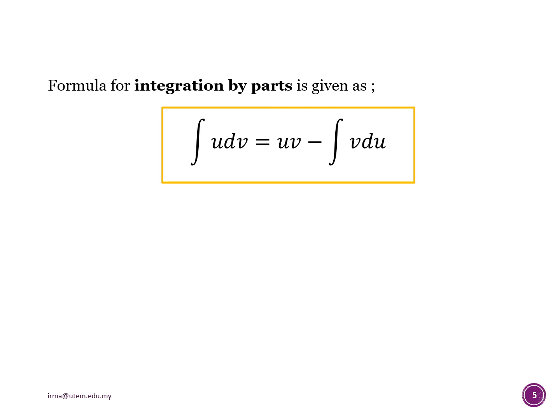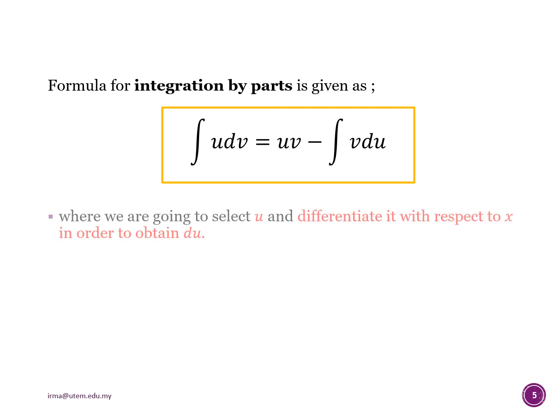We have the formula: integrate u dv equals uv minus integration of v du. It means you need to define what u and dv are from the question, and from that you need to find du and also v.